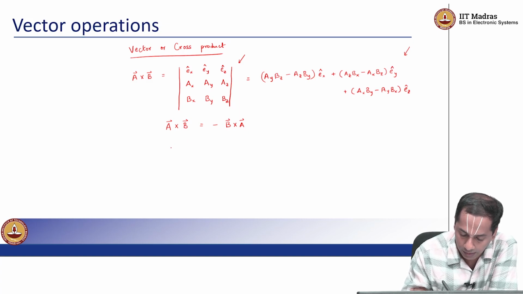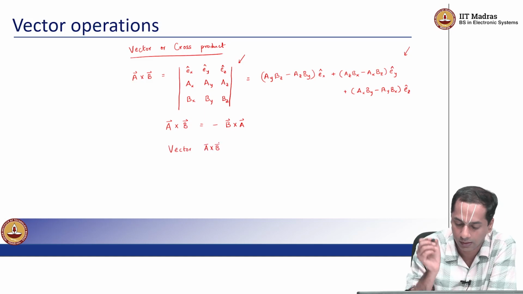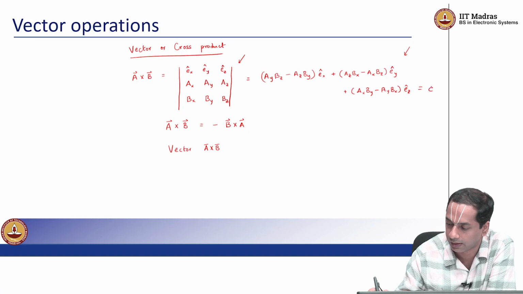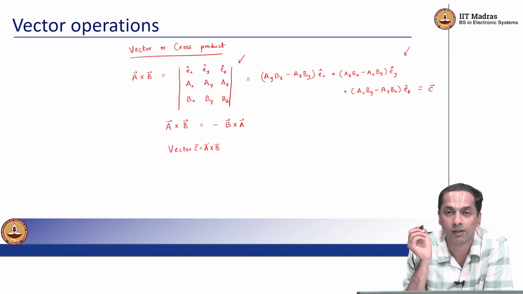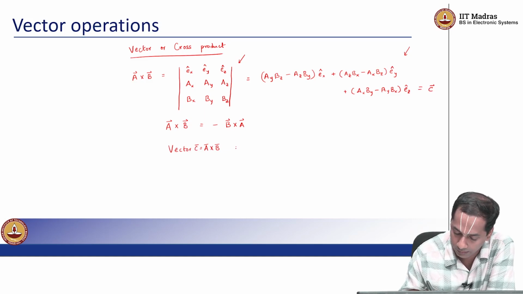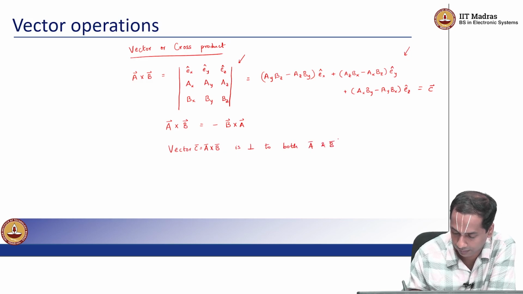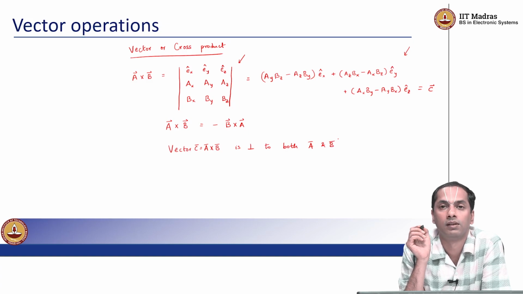And you can also say that the vector A cross B, so you get an output vector, if you want to call this, say, C, vector C is actually perpendicular to both A and B. A and B are two vectors, and these two vectors can determine a plane.